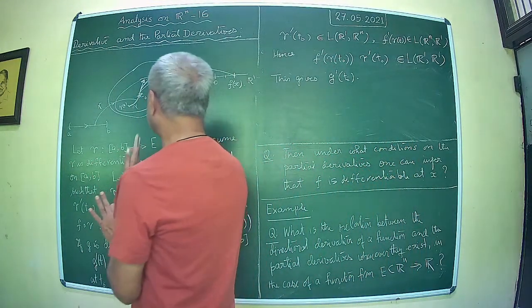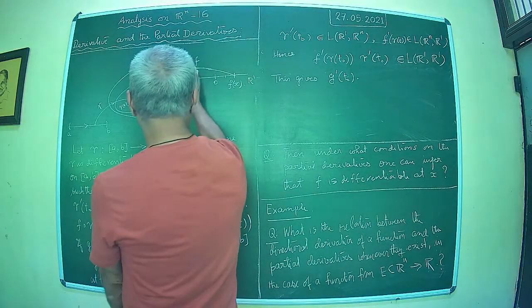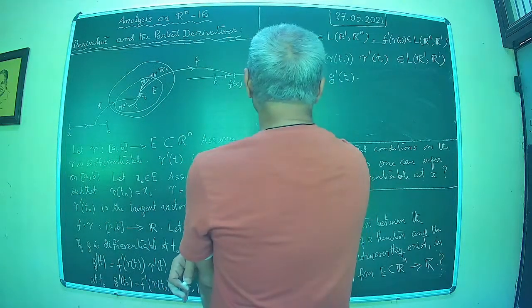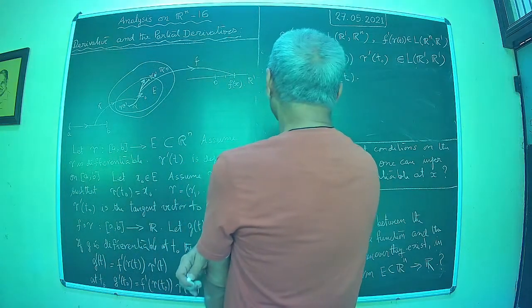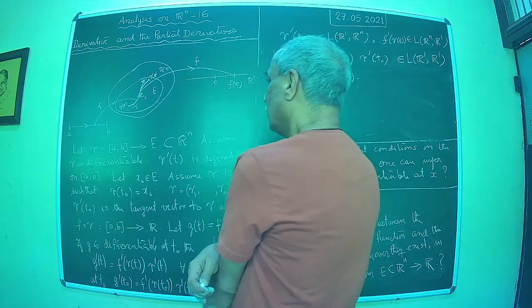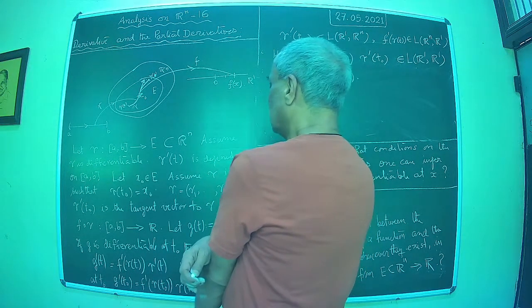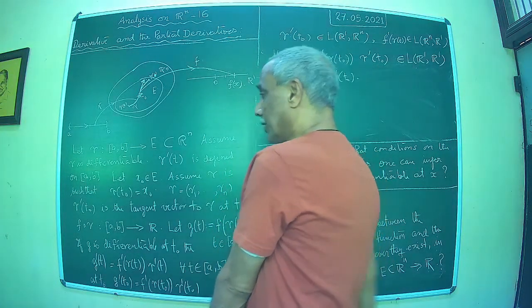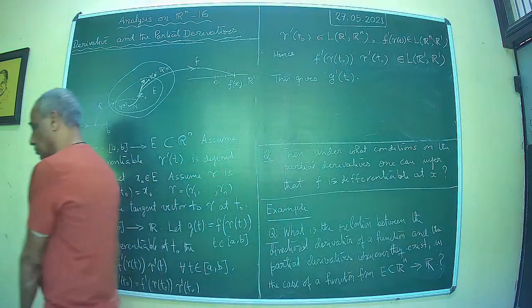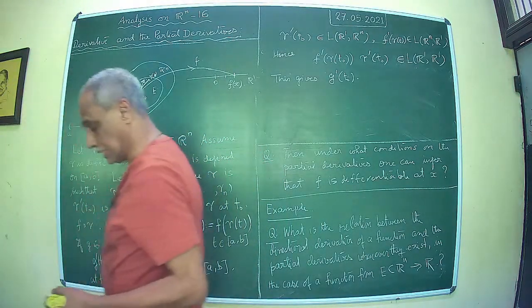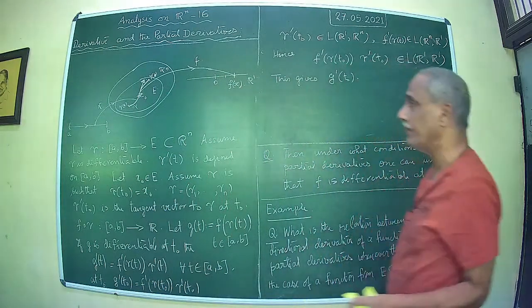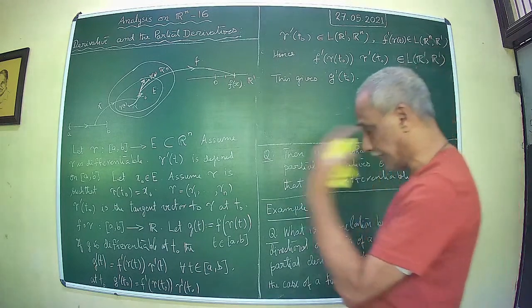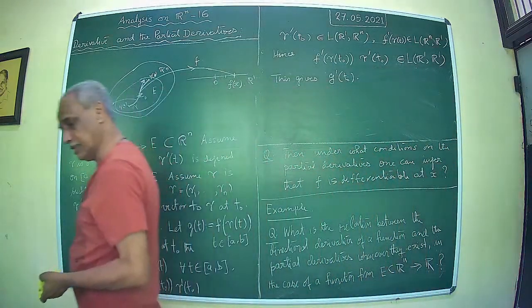So if you want to find the derivative of f in some direction, then you introduce a curve in space whose derivative at the point where you want to evaluate has the property that the gamma derivative, that is the tangent to the curve, coincides with the direction in which you want to compute the derivative.